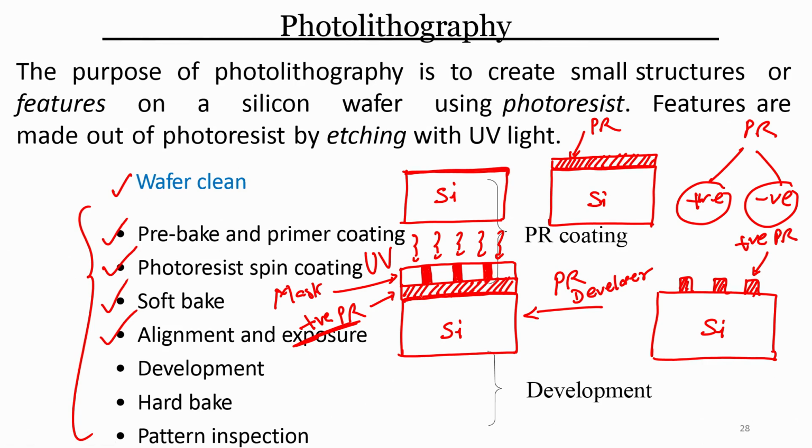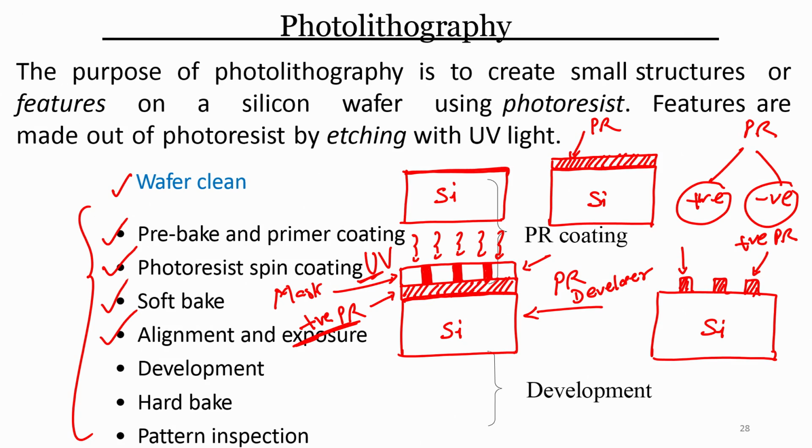You see here the red blocks are the area which is not exposed to UV, and the area which is not exposed becomes stronger, and the photoresist is not developed where the area was not exposed to UV light. In another term, we are replicating the same pattern of the mask if I use positive photoresist.